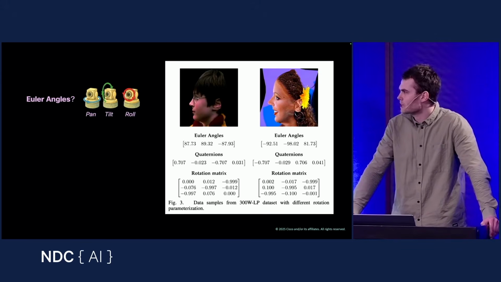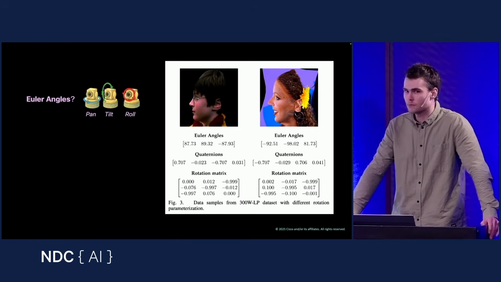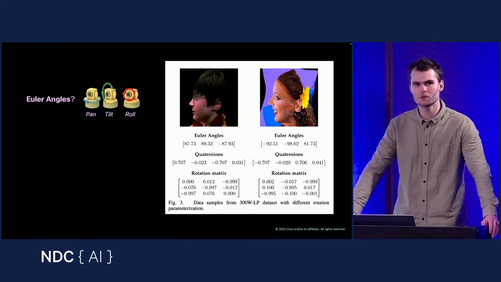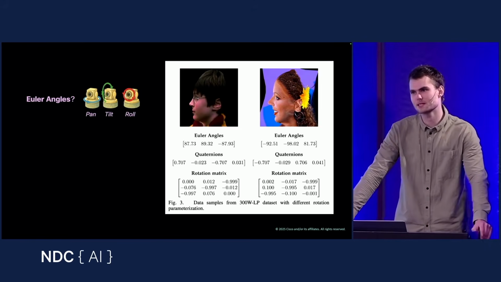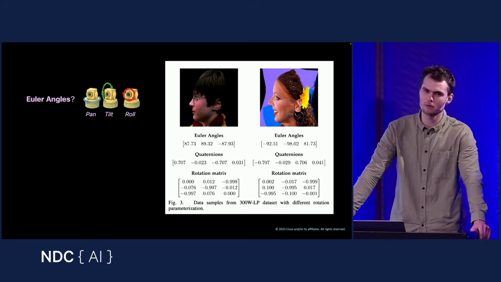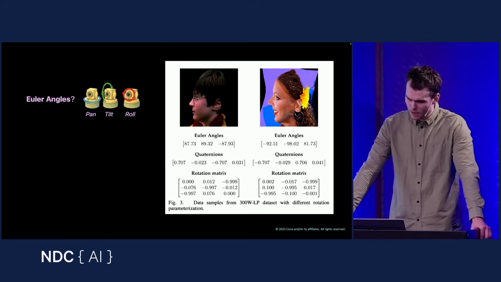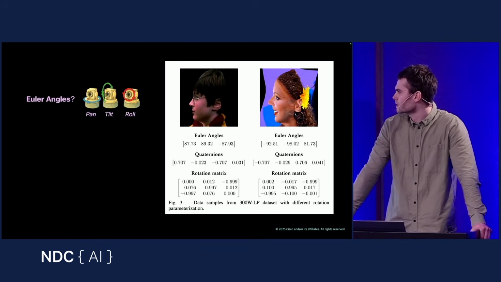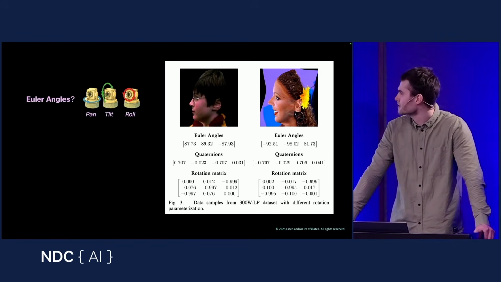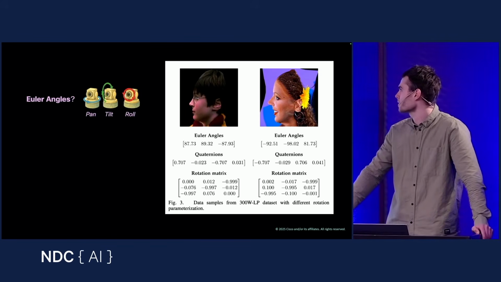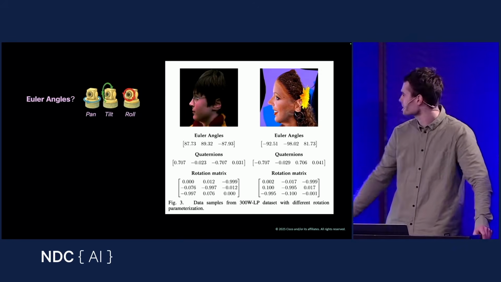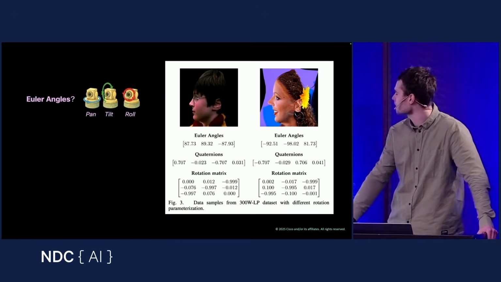There are many ways to represent the same orientation, which can be problematic when training a machine learning model. It's best that you can nudge the model towards one right answer. And Euler angles can look very different, even though they represent an orientation that is very similar, which is the case with the Euler angles on the paper screenshot there.